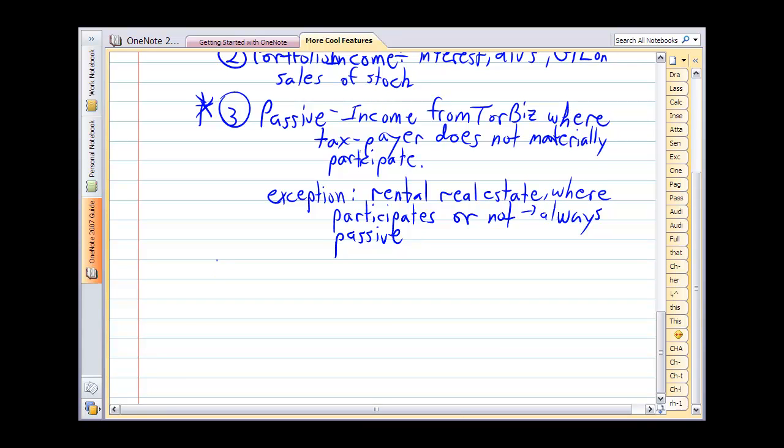So there are 7 tests, and they're listed on page 11-18 through 11-20.